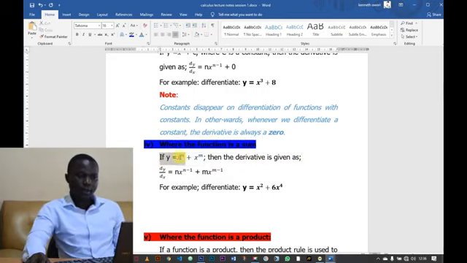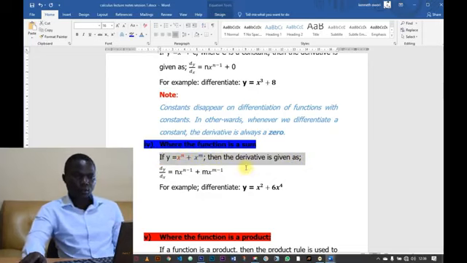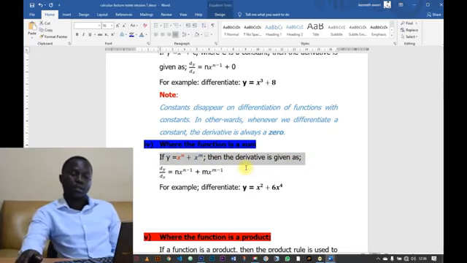Example, if y is equal to x power n plus x power m, then we differentiate each variable alone. For example, we differentiate x power n alone, and then we add the derivative of x power m alone.